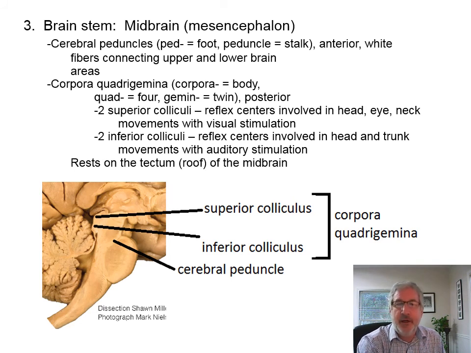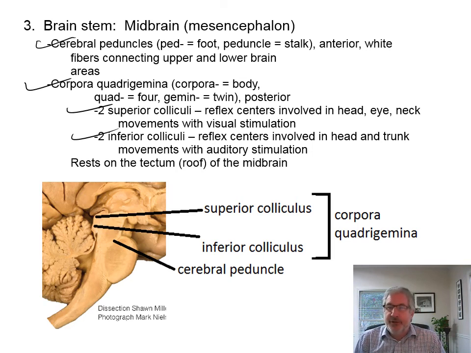The midbrain has cerebral peduncles, and also the corpora quadrigemina, corpora meaning body, quad meaning four, gemina meaning twins. So if you ever do astronomy, you can think about the Gemini twins. You can see them up in the sky actually right this evening. Then you have the superior colliculi, there's two of them, and inferior colliculi, there's two of those.